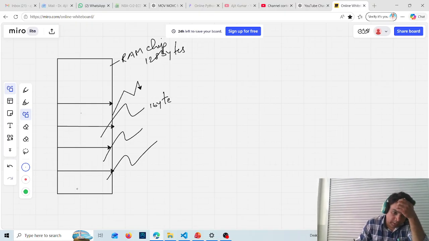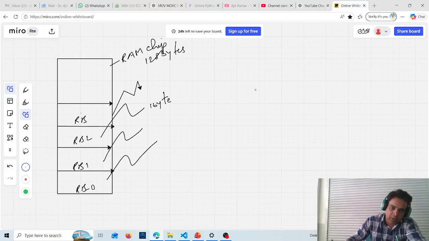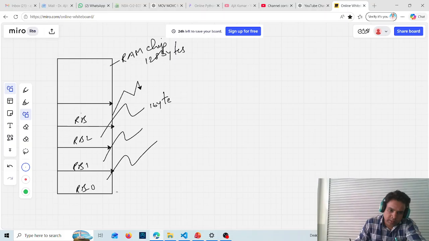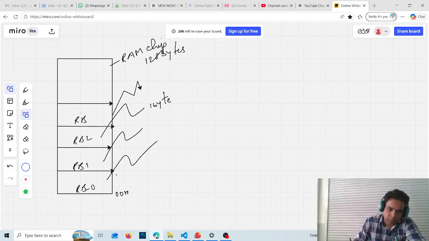So this was register bank 0, this is register bank 1, this is register bank 2, and this is register bank 3. Now, this is the starting address 00H, and it goes up to 07H for register bank 0.